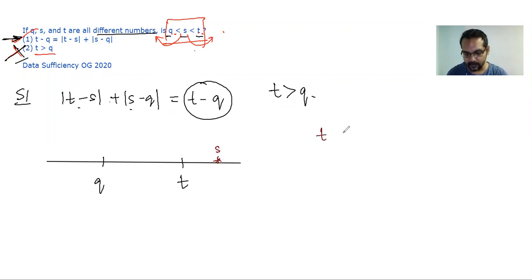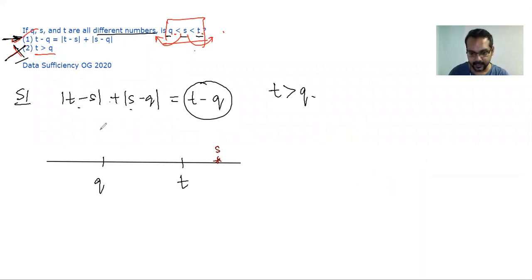Mod of t minus s, on the number line, basically means the distance, which is always a positive quantity. So the distance between t and s could be on either side, like s in front and t at the back, or the other way around. That's not important, but it is the length of the line between those two points.